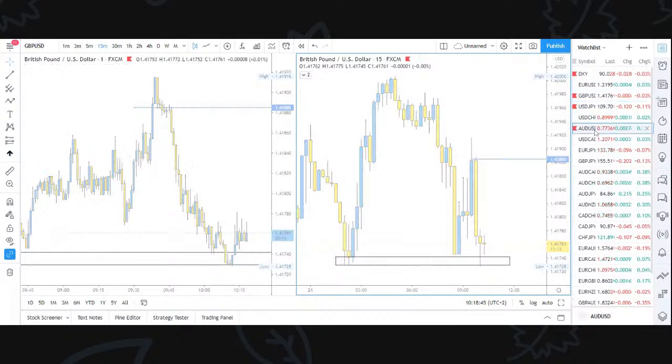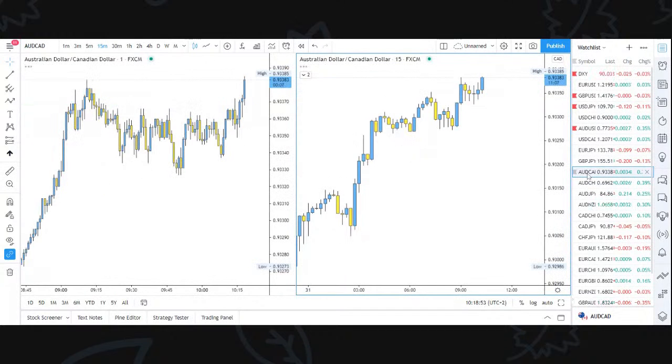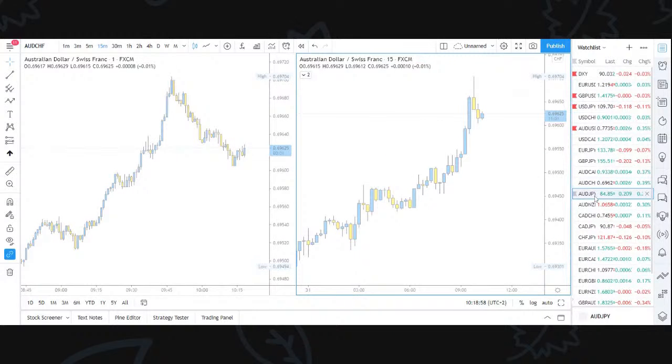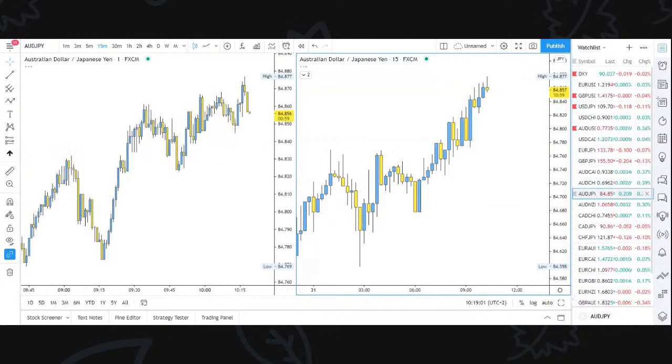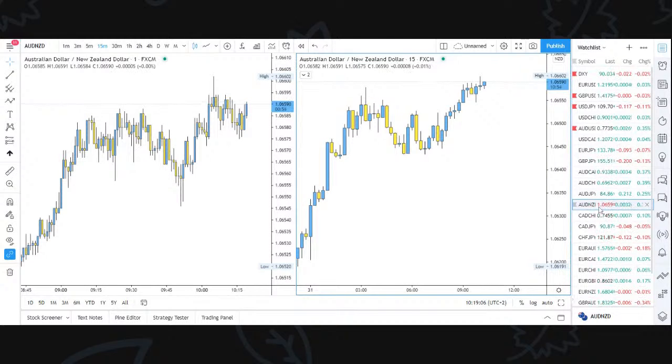So what you want to find is something where the dollar is weak, but the other currency is starting to get strong. What you can see is, I think AUD is probably that currency. AUD is starting to get some bullishness going there.